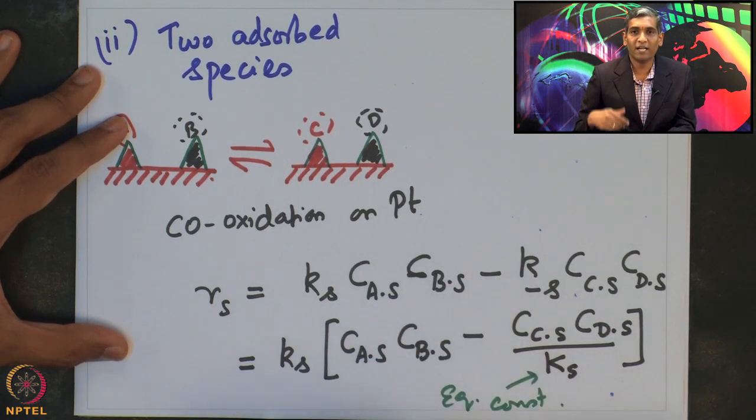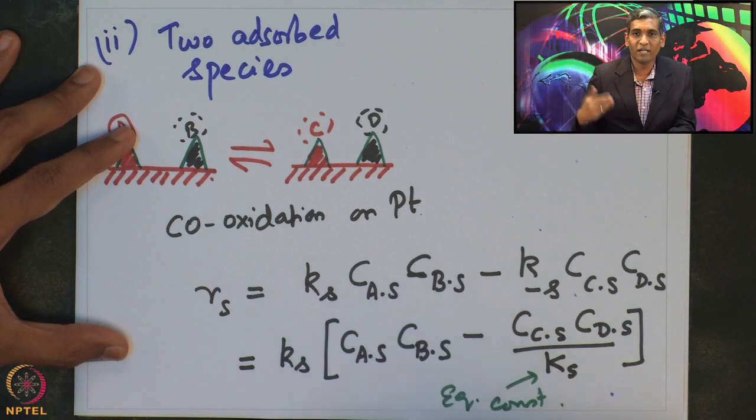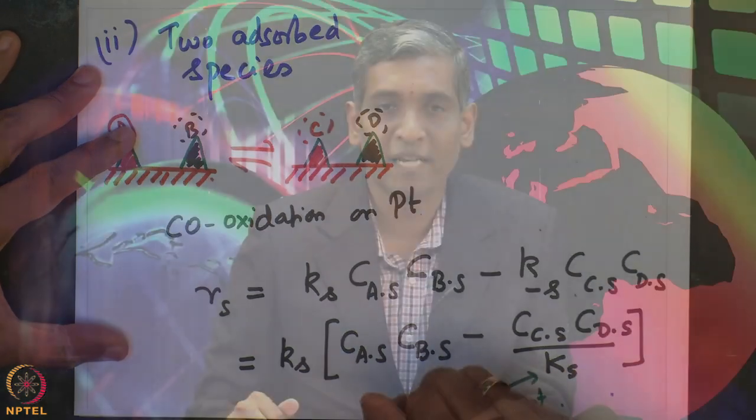So, it needs to be converted into CO2 form before it can be let out into the atmosphere. So, CO oxidation, which typically happens on platinum catalyst, is a very good candidate for such a two adsorbed species dual site mechanism. That is typically the mechanism that satisfies the observed data.